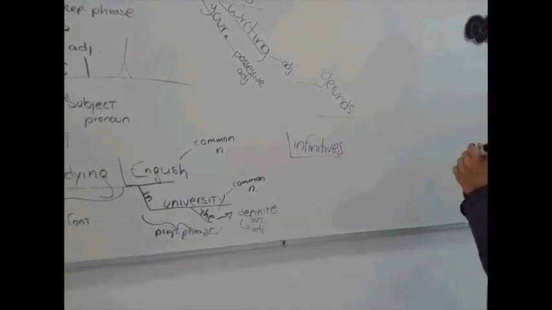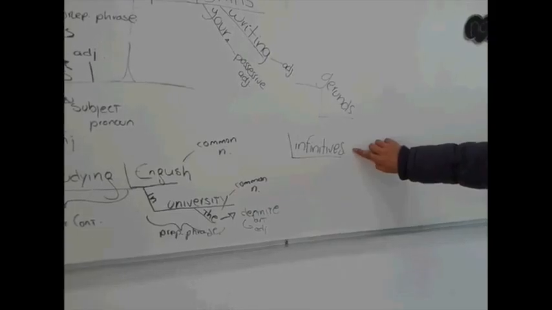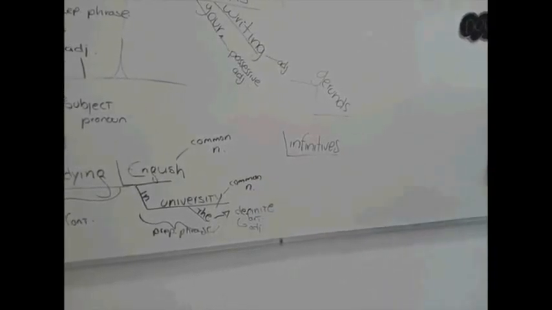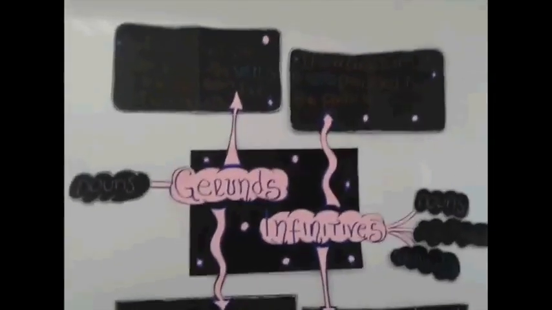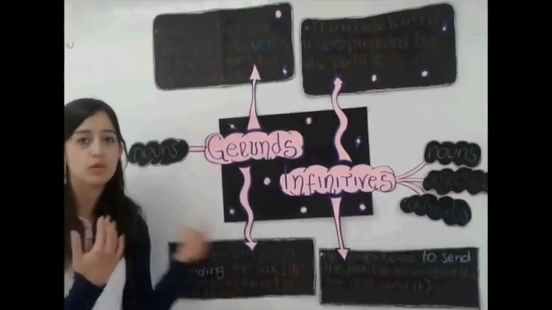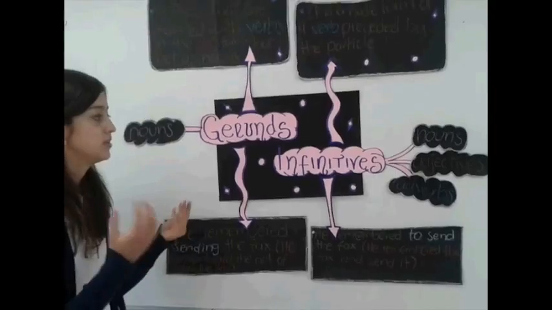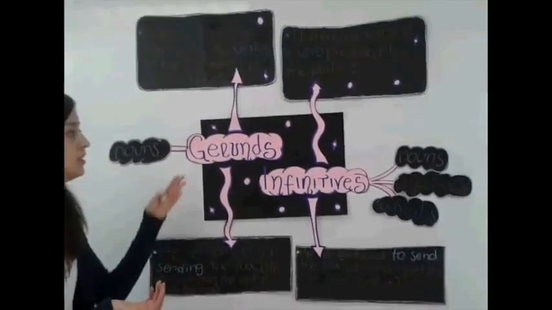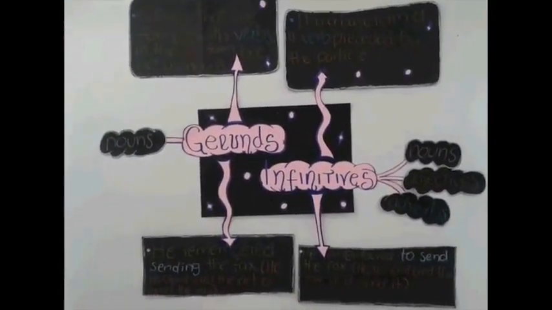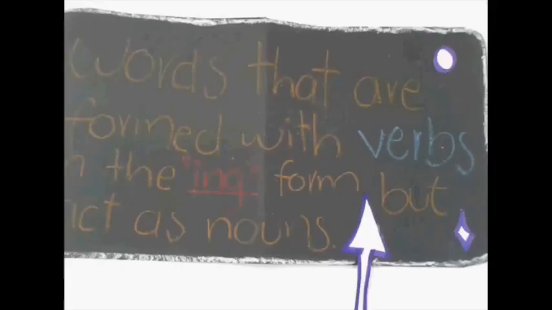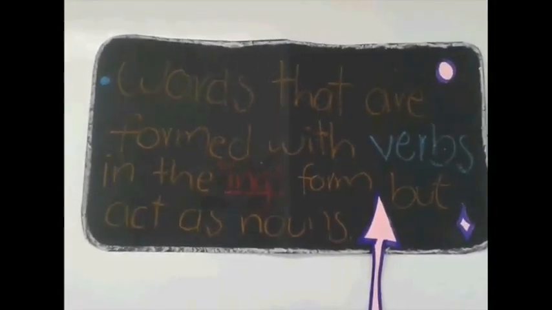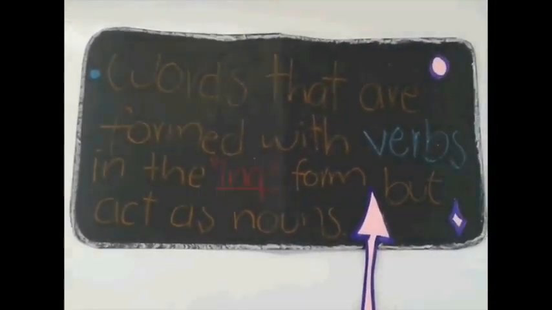So now to clarify what gerunds and infinitives are, we have this. Okay, so we're going to start with the gerunds. You may have some questions about the use of a gerund and infinitive. In the case of gerunds, what are they? They are words that are formed with verbs in the ing form, but they act as nouns.